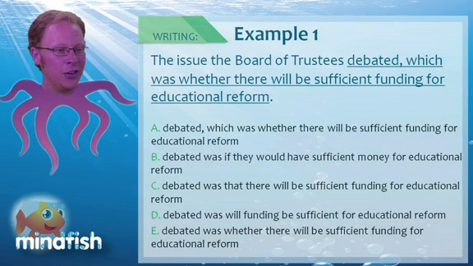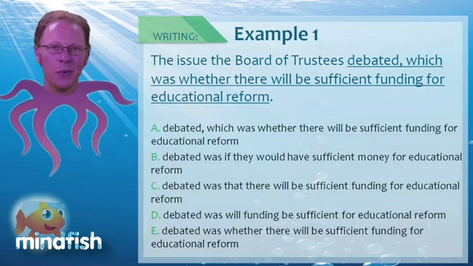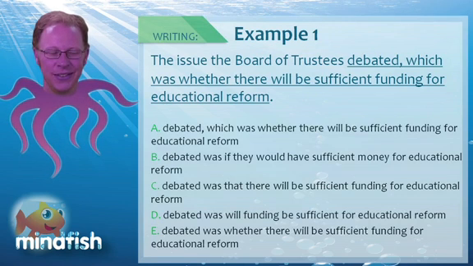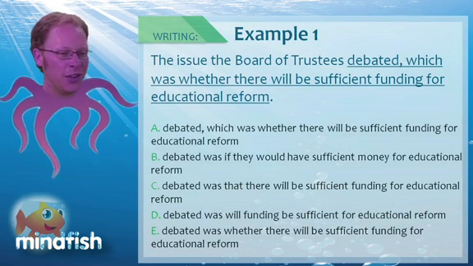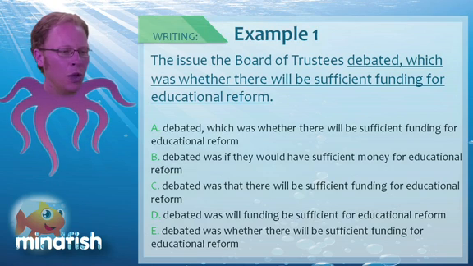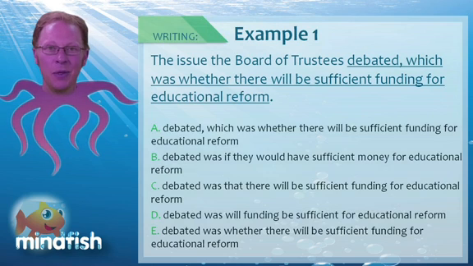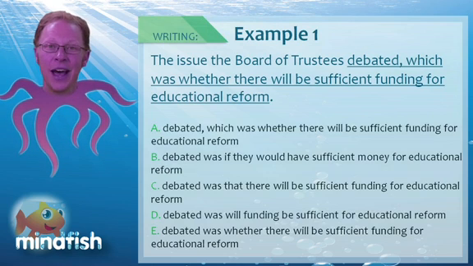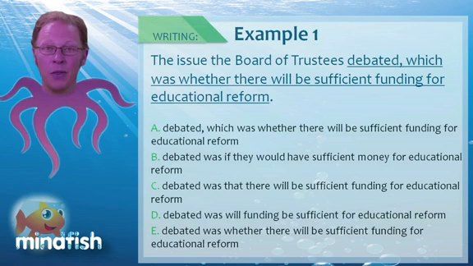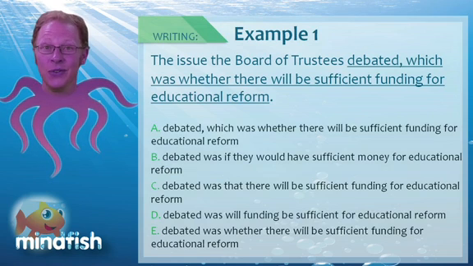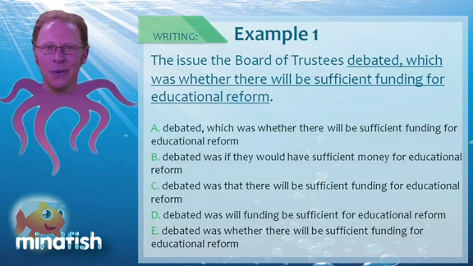Let's have a look at a question that features a fragment formed by the words who, that, or which. The issue the Board of Trustees debated, which was whether there will be sufficient funding for educational reform. Well, if you remember the previous question, in that one we had a sentence fragment that was formed by the word who, and all we had to do was get rid of the word who to make a complete sentence.